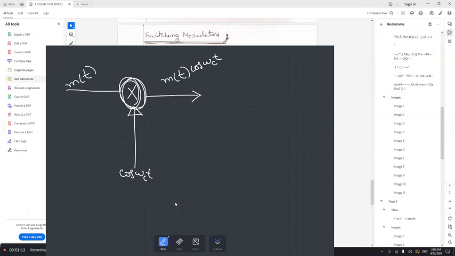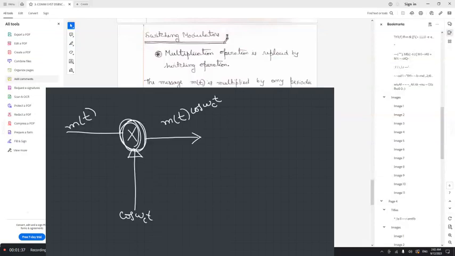But actually, when it comes to the hardware, this is going to be your electronic device, your electronic circuits. Right. So we have to get something called a multiplier modulator. This is called a multiplier modulator. That's what we have seen.